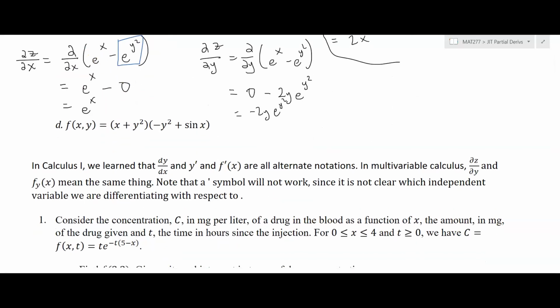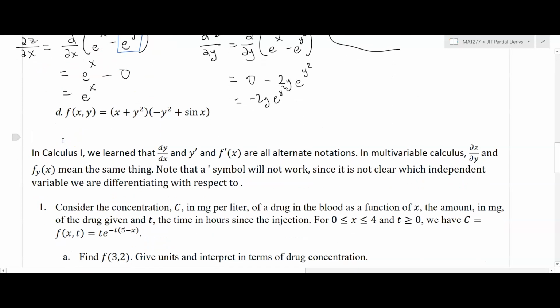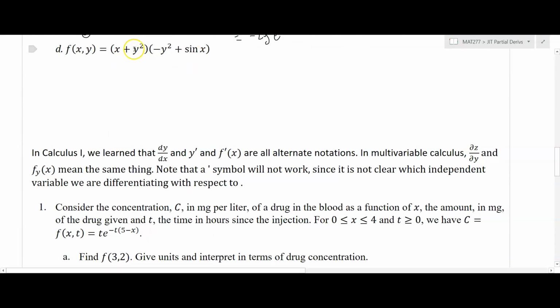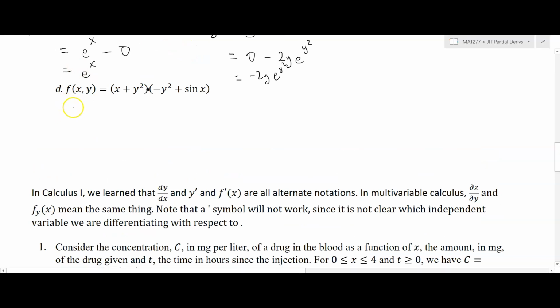Now, this next example, we have a product rule problem because we have a product of two terms. Both of them contain x and y's. So we're going to apply the product rule here. What we know is that if you have the derivative of two things, it's the derivative of the first times the second plus the derivative of the second times the first. So if I want to find dz dx, I'm going to take the derivative with respect to x of this thing.